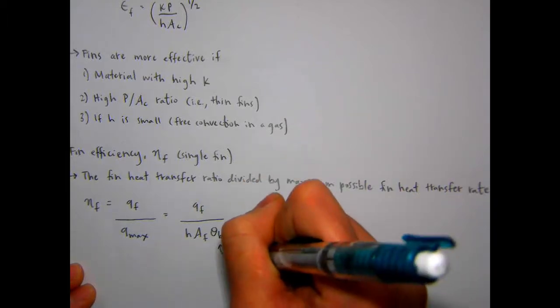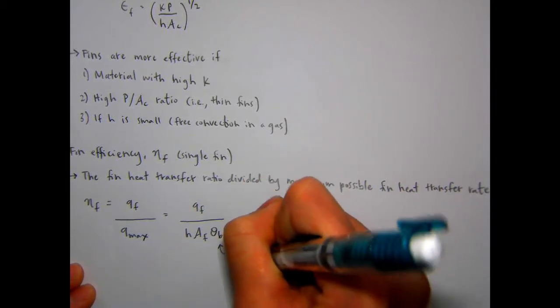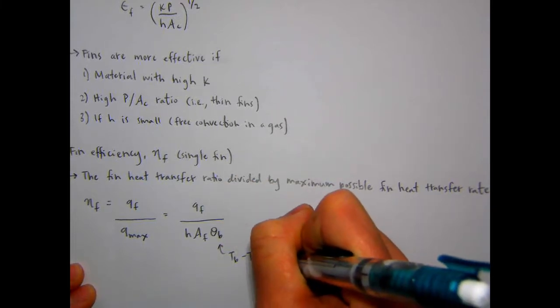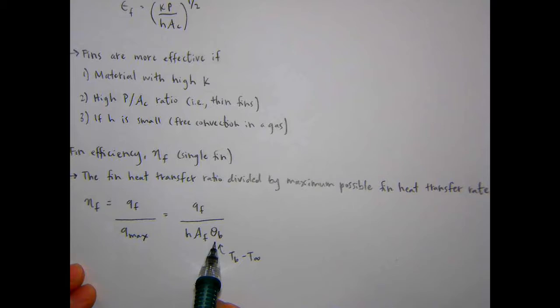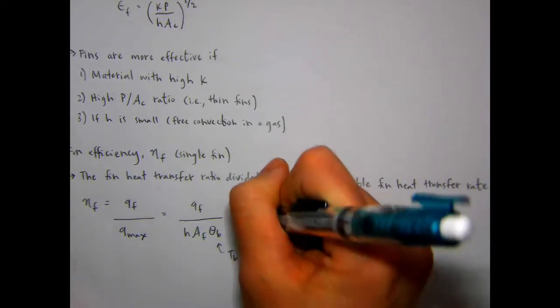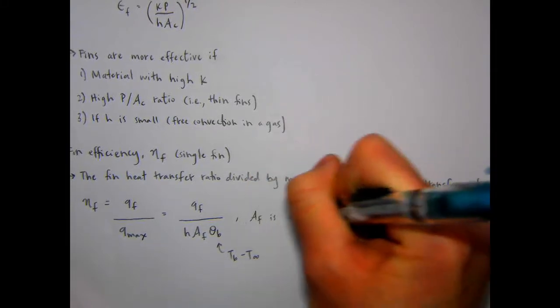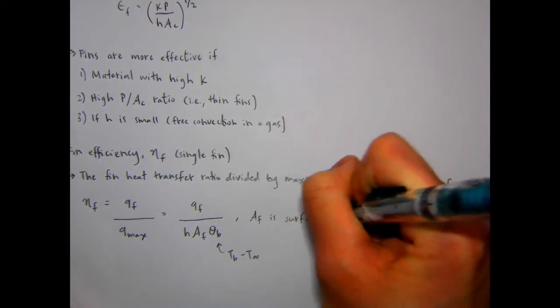So θ_b is the temperature at the base minus T_∞. This is basically saying that the temperature along the entire fin is equal to the temperature at the base, and we're just defining it in terms of this θ here. And A_f is the surface area of the fin.